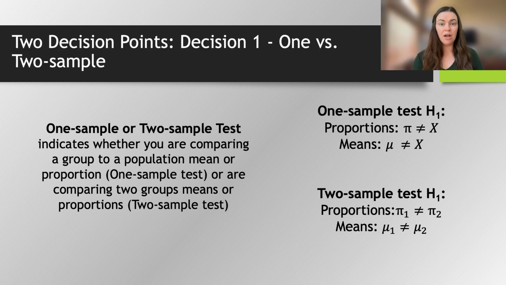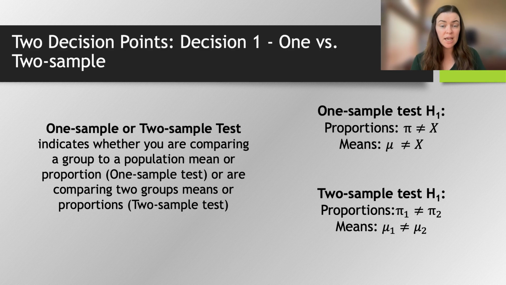As a reminder, within the context of any type of hypothesis test, you will need to determine for yourself whether you are using a 1-sample or 2-sample test, as well as whether you are using means or proportions. Up until this point, and in both of these lecture videos, I will be instructing you what we're going to be doing in terms of our examples, whether it's a 1-sample test for proportions, a 1-sample test for means, a 2-sample test for means, or a 2-sample test for proportions.